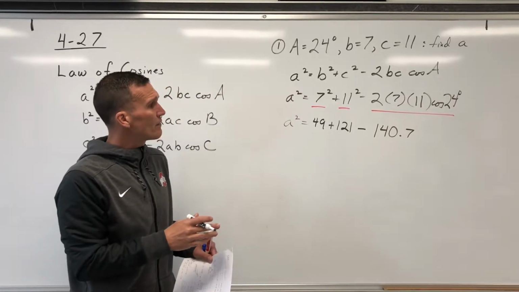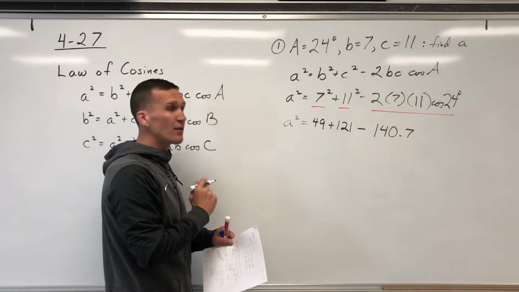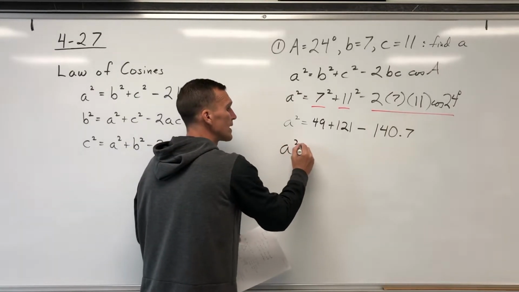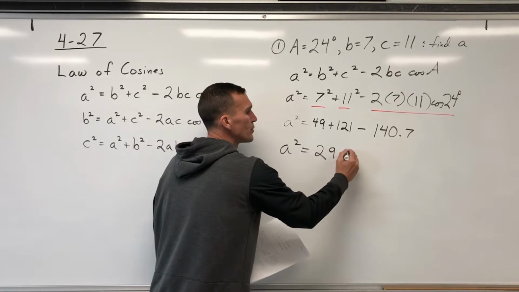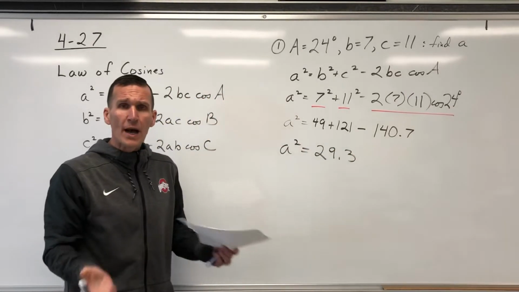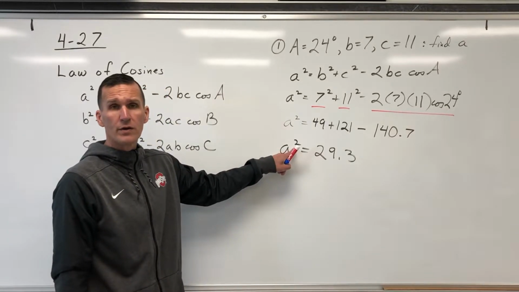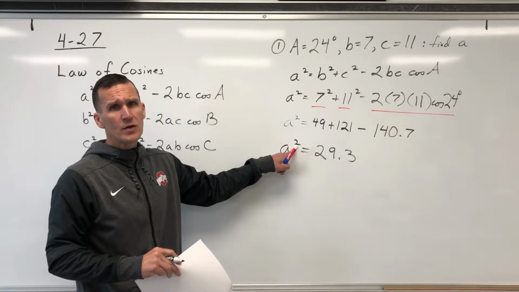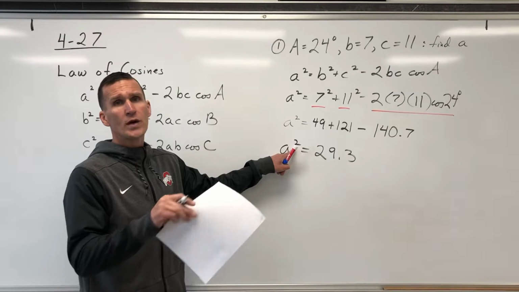Now I have just an addition or subtraction problem on the right. I can type that all in my calculator, and I have a squared is equal to 29.3. Our final step to get little a by itself is to get rid of the squared. Pause it right now and see if you can figure out how. The opposite of squared is square root.